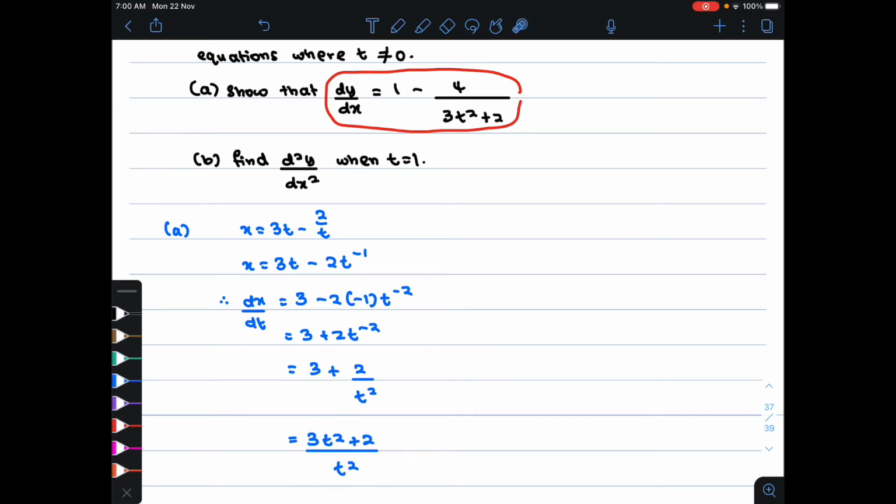Now let's do the same for y. y is 3t plus 2 over t. So change this so that you'll get kt to the power of n. So now we can differentiate y to get dy/dt.